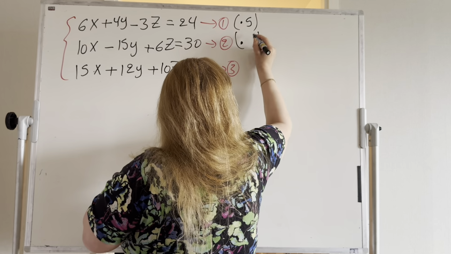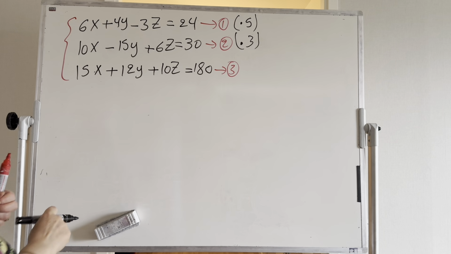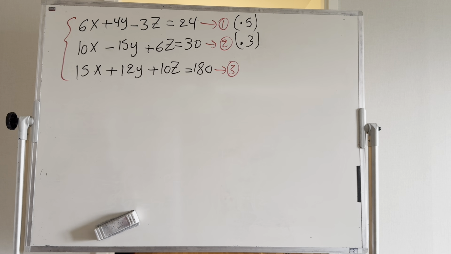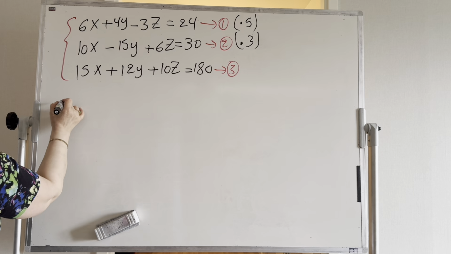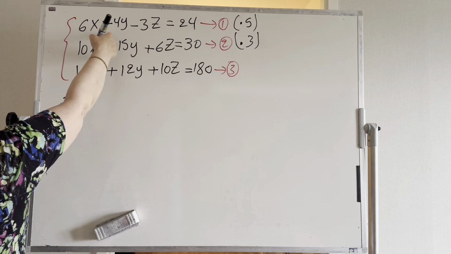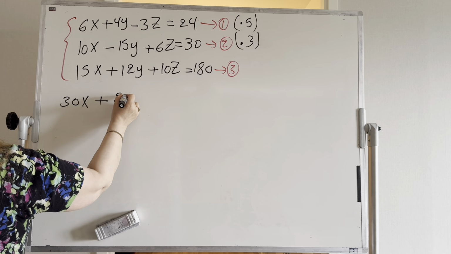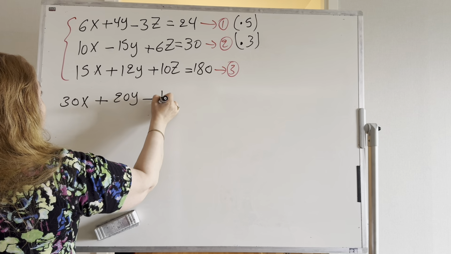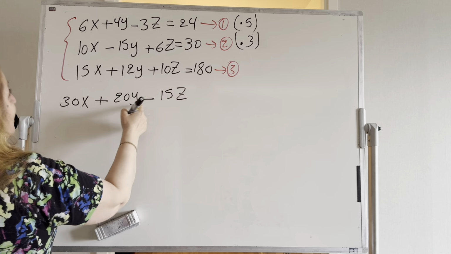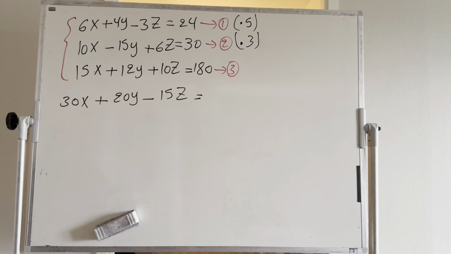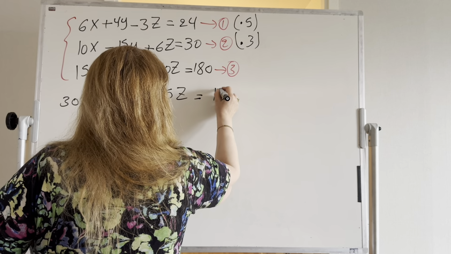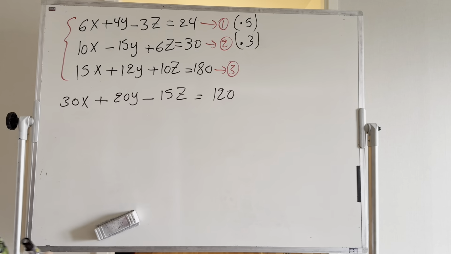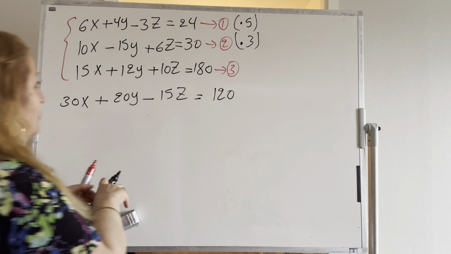I'm sorry, because I need 30 here, the first term in both equations. 5 by 6 equals 30x, 5 by 4 equals 20y, 5 by 3 equals minus 15z, because I have minus here, and 5 by 24 equals 120. Then this is my first equation.